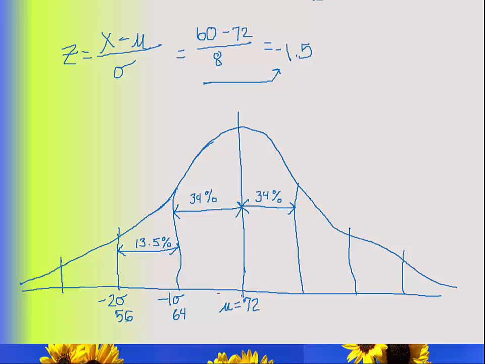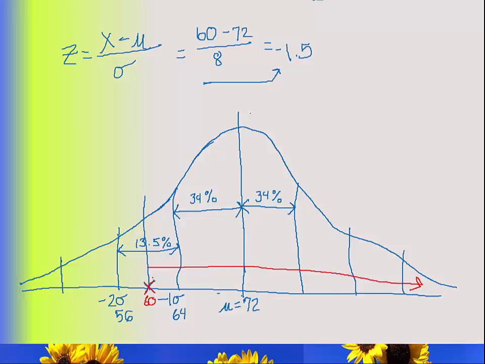So the question before us was, what's the chances somebody would score 60, which is right about here. I'm going to change my pen color. So what is the chances somebody would score right about here, this point, this X, so about 60 roughly, or greater, all the way to the end of the distribution.